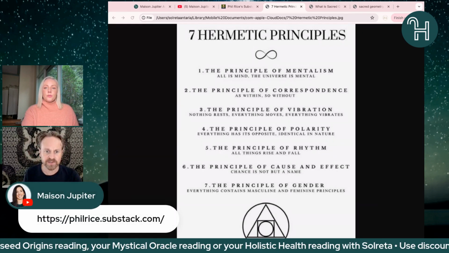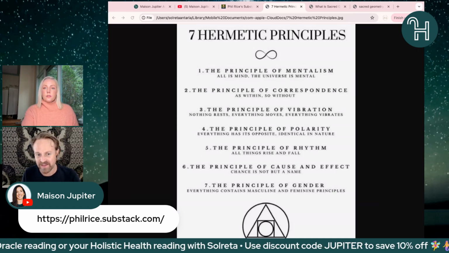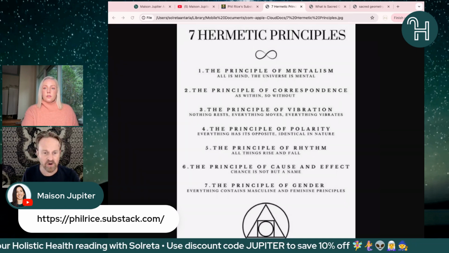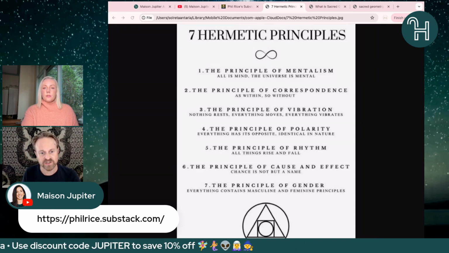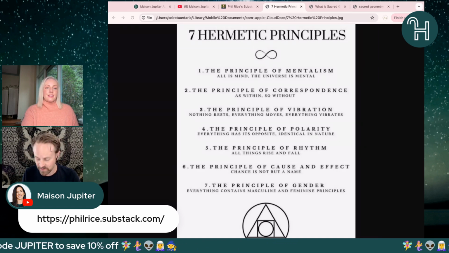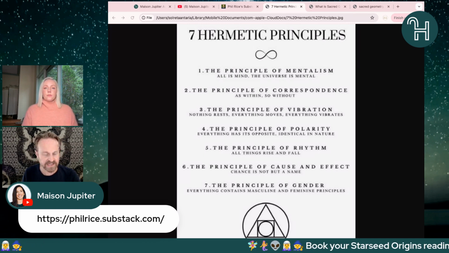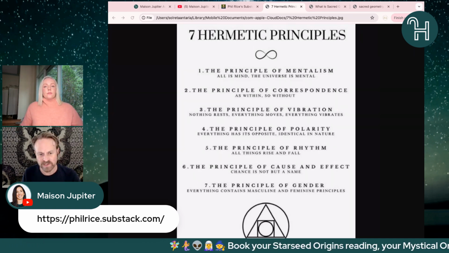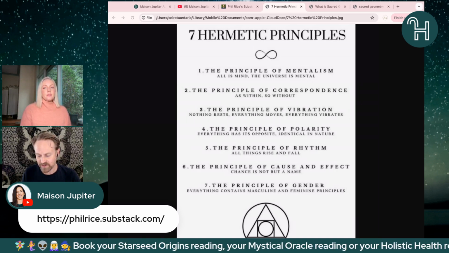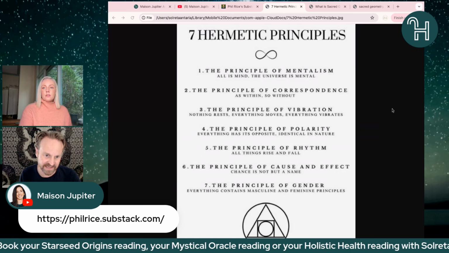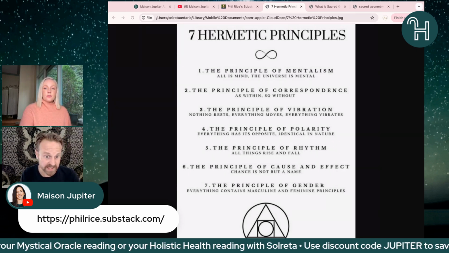And so when it comes to the principles, we have these 7. Now, there is a little bit of contention about the origin of these. This is from a book that was written in the early 20th century, I believe. And without going into the history of it as such, one thing we do know is that a principle is something that should be able to be tested, and then we can validate its actuality.